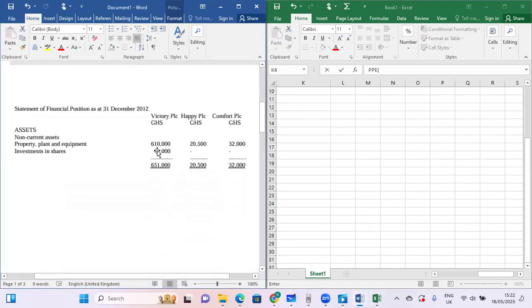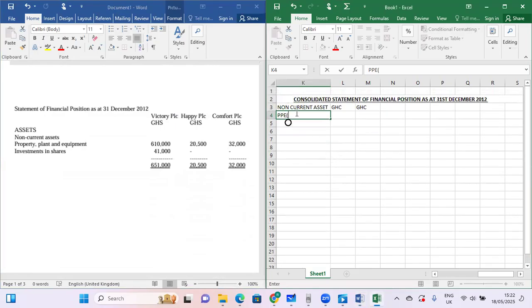We have PPE to be 610 and then 2,500, from only the parent and the subsidiary. Then remember that we valued land upwards by 500.